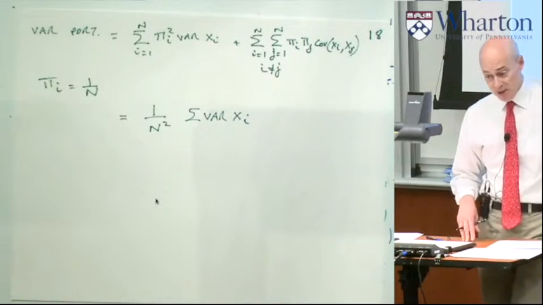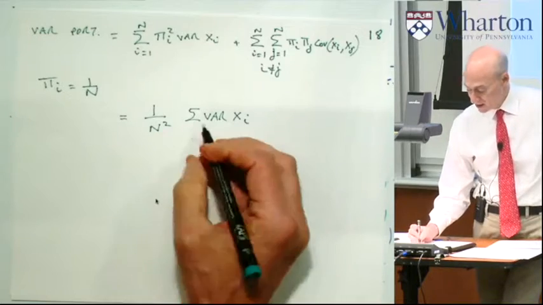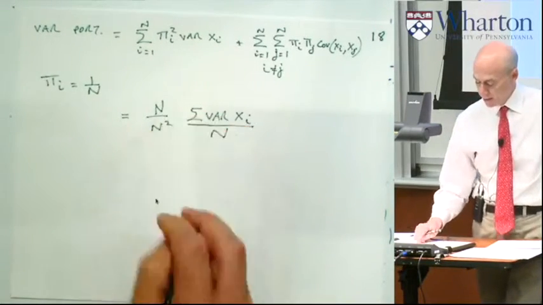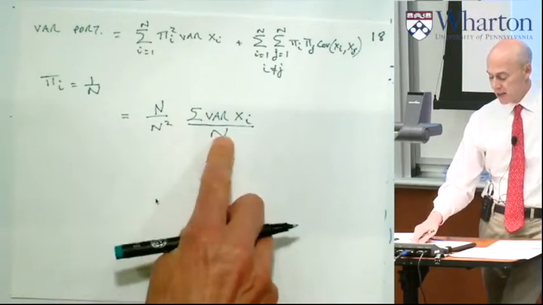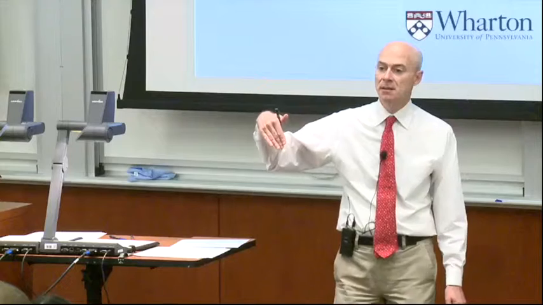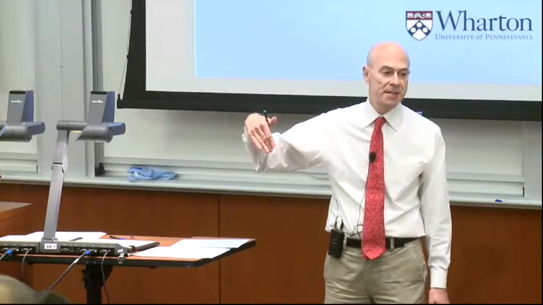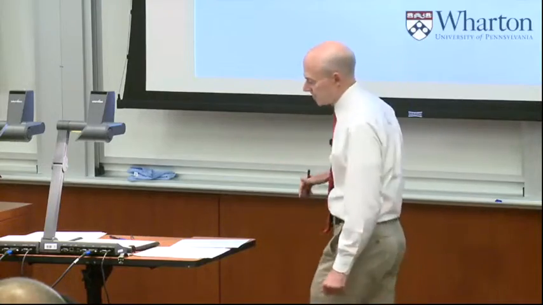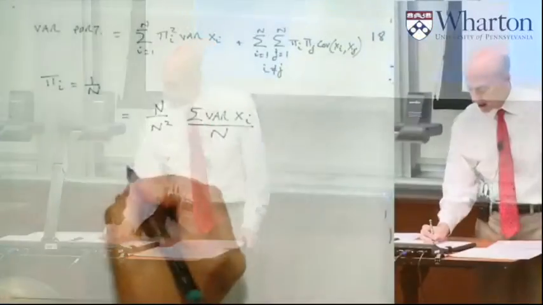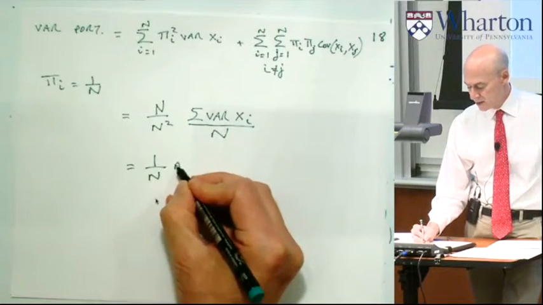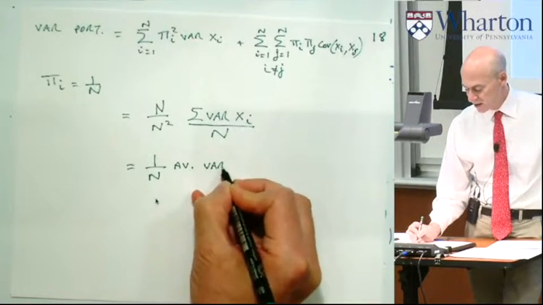Now, one way that's quite useful to represent it is to divide by n and multiply by n, so we stay the same. What's the sum of the variances divided by n? It's the average variance. So n over n squared simplifies to 1 over n, times the average variance.